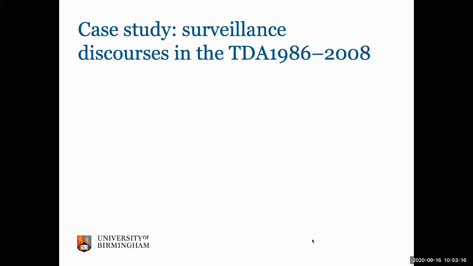To provide a little example of how this data can be useful, I'll show you a little case study from my PhD thesis. In my thesis, I wanted to find out how the concept of surveillance was discussed in the Times in recent decades.